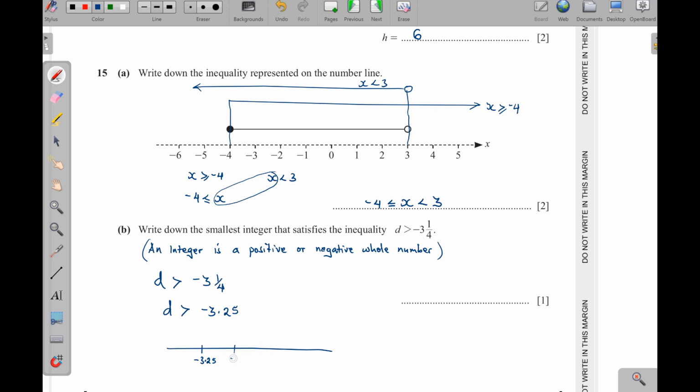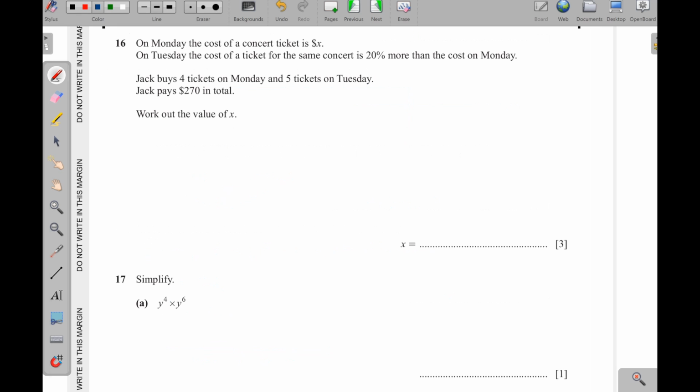Then I will have negative 3 here, negative 2, negative 1, like that as you go this other side. So meaning if it is greater, then the smallest is going to be this negative 3. All of these ones are bigger than this one here. So I will have negative 3 here.